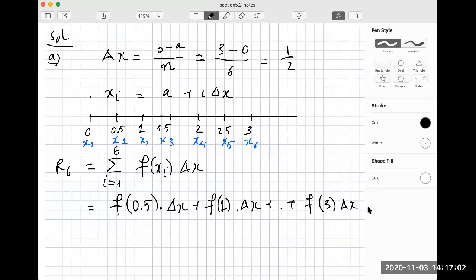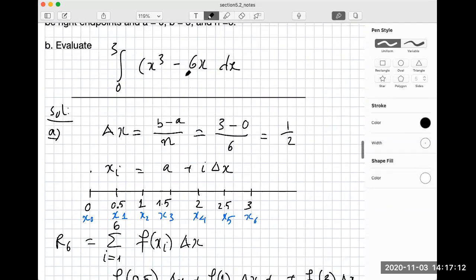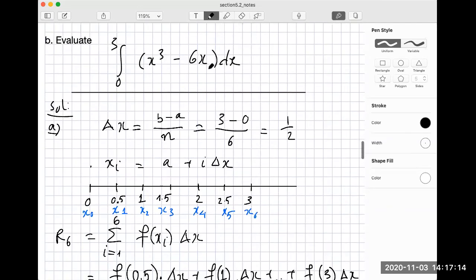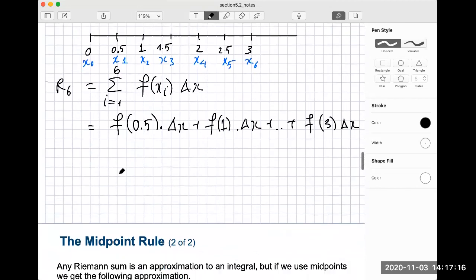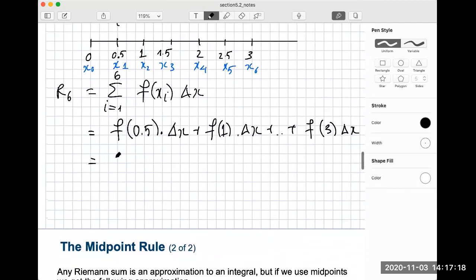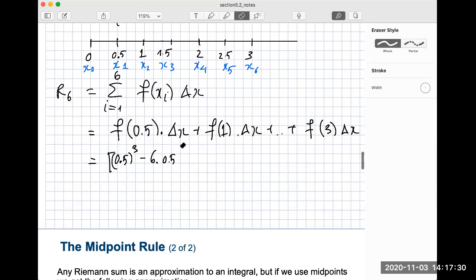Are we good? And the function f is given as x cubed minus 6x. So the first one will be 0.5 cubed minus 6 times 0.5, and then multiplied by delta x, which is 1/2.